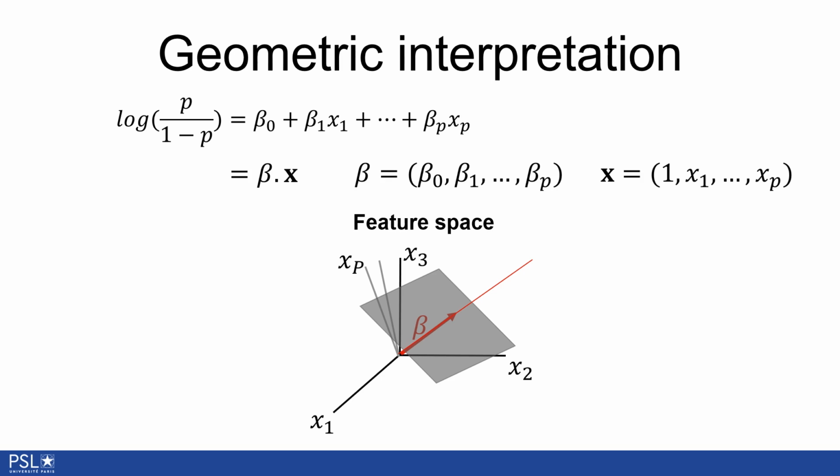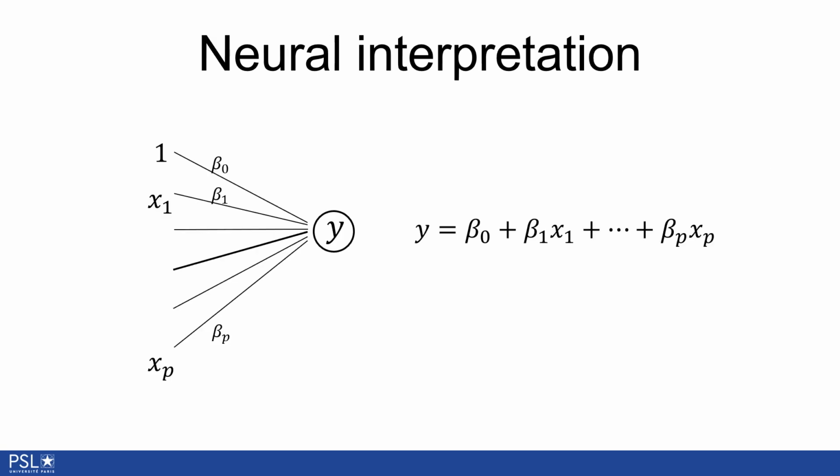So the vector beta defines a linear boundary that separates the inputs into two output classes. Let's now turn to the neural representation. Again, the first step in logistic regression is just to take a linear function of the inputs. And as for linear regression, this can be simply interpreted as having a neuron that receives features as inputs, multiplies input feature xj by a synaptic weight beta j, and then takes the sum.